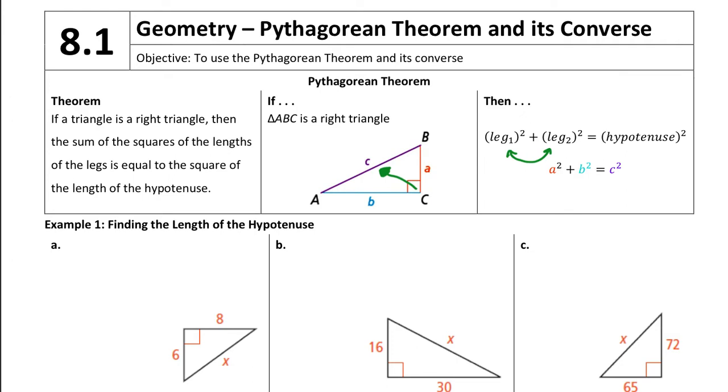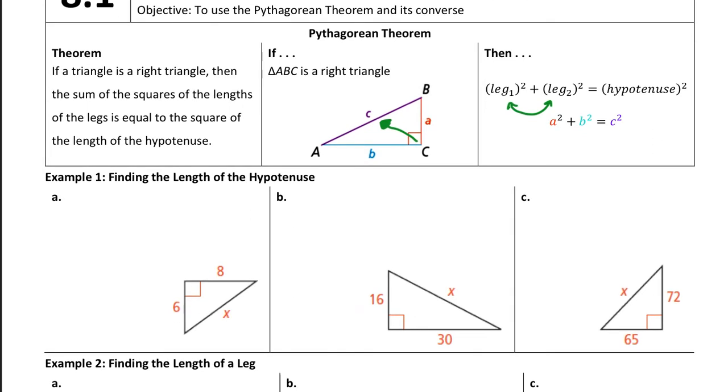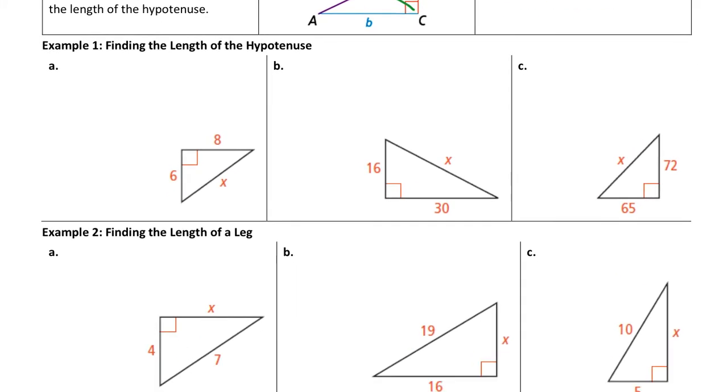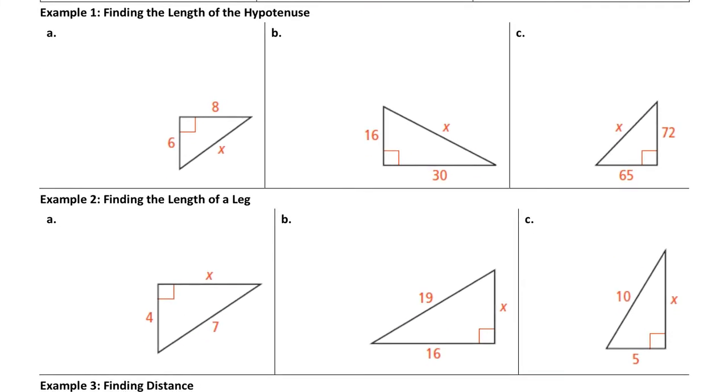C is always the hypotenuse. A and B can be interchanged. So in example 1, finding the length of the hypotenuse, you could say that A is 6, B is 8. It doesn't matter if A is 8 and B is 6. And then we'd say C is our hypotenuse, which is x.